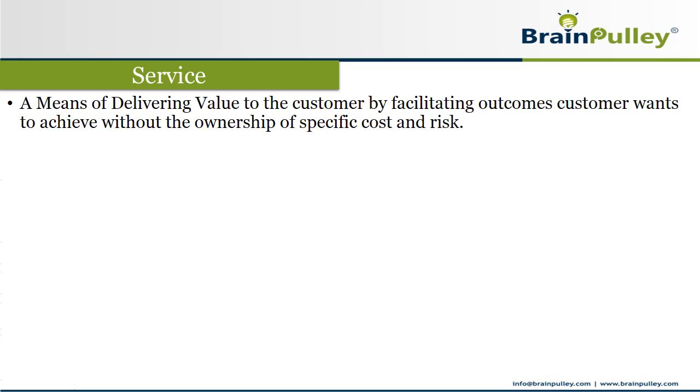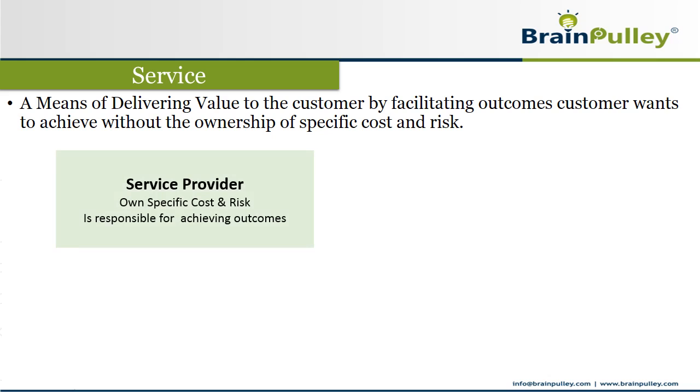Customer outcomes become the ultimate concern of business relationship managers, instead of the gathering of requirements, which is necessary but not sufficient. Requirements are generated for internal coordination and control only after customer outcomes are well understood. The service provider bears the specific cost and risk and is responsible for facilitating outcomes by the provision of services.